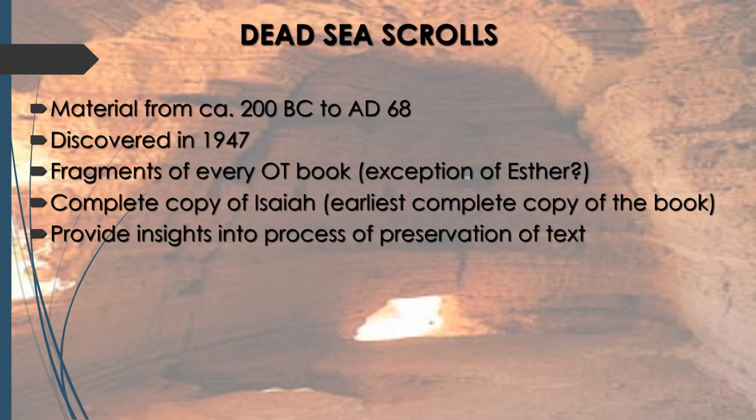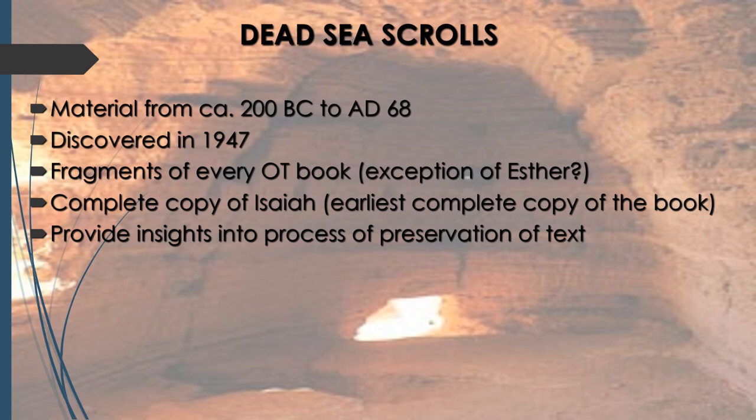And what it does for us is provide insight into the process of how the text was preserved. There are fragments of every Old Testament book, maybe not of Esther, but the complete Isaiah scroll is there. So it's a very important discovery.